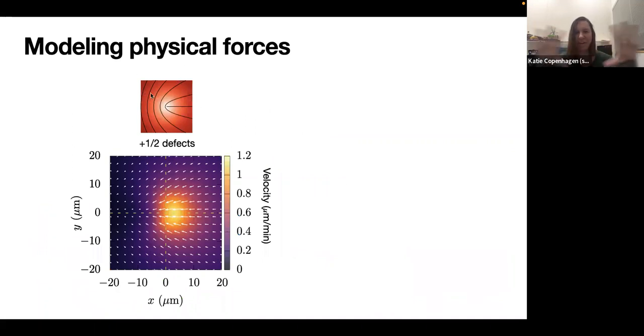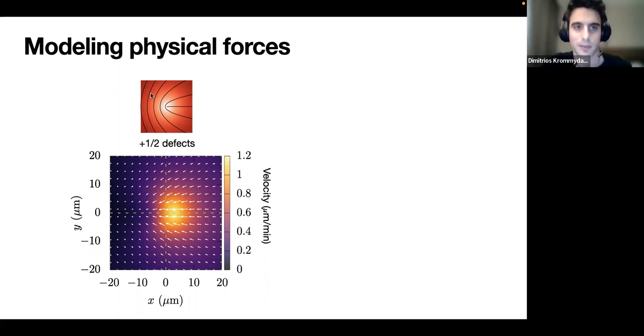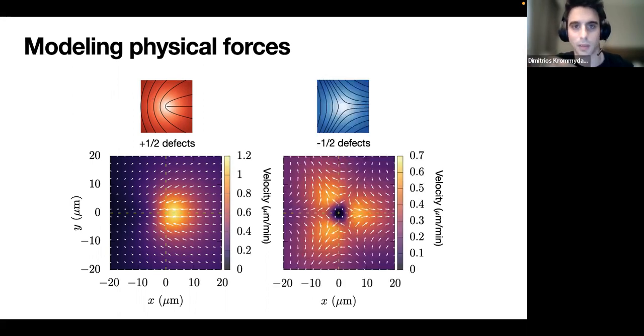It's just, if you have a director field that looks like this, how is the material around it flowing? So this doesn't directly have to do with the formation of pairs of defects. And you mentioned that you did some type of hydrodynamic calculation after that to see if this matches the results of the usual passive case, for example, what the flow field generated by an isolated defect looks like.